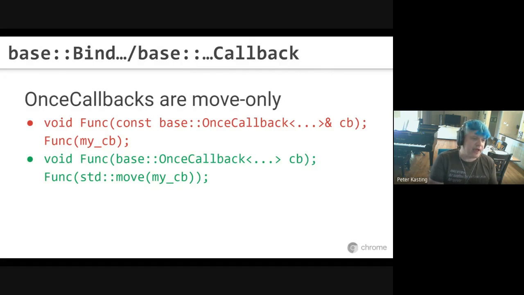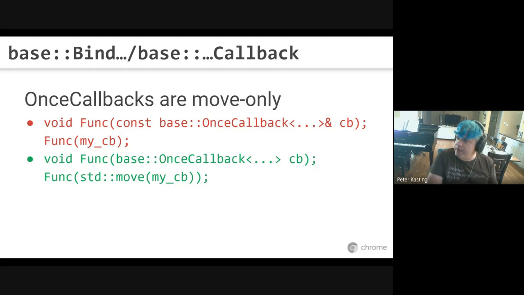So when you're passing once callbacks around, you need to pass them by value and std move them. It turns out that passing repeating callbacks by value and std moving them is generally fine too. So in a lot of cases, we just pass all callbacks by value and std move them. And that's a perfectly reasonable sort of thing to do. But it's especially important in the case of once callbacks, since const refs are useless.